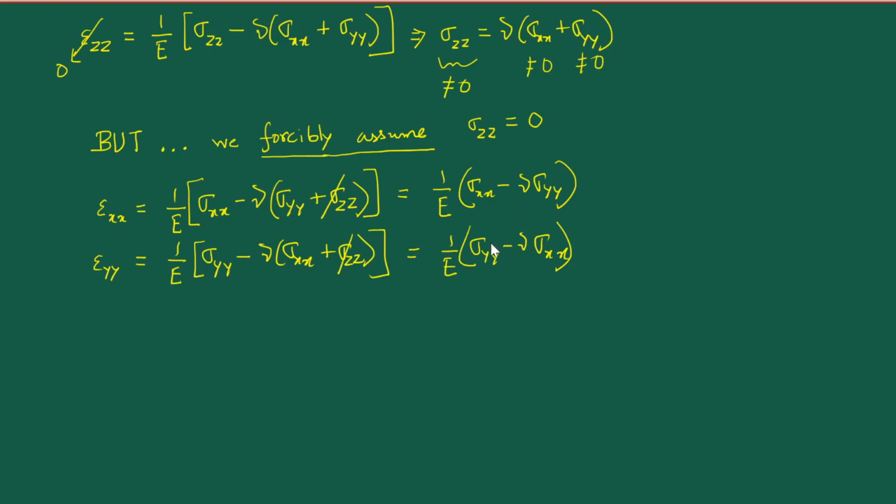Now what we want to obtain here are the expressions of sigma xx and sigma yy in terms of epsilon xx and epsilon yy. If I do those simplifications, from what I get here, sigma xx is equal to, I'm not going through the intermediate steps, that's just basic algebra.